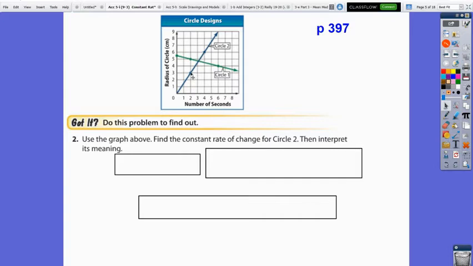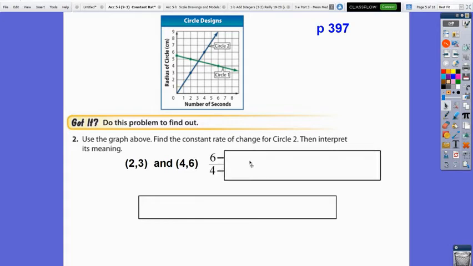There are easier ones maybe you could pick, but I'm going to pick this point 2, 3, 2 seconds, 3 centimeters, and 4 seconds and 6 centimeters. These are ordered pairs, or if you wrote them out in a table, the x and y values that go together. So the change in the y is 6 minus 3, which is 3. And the change in the x is 2 seconds, 4 minus 2.